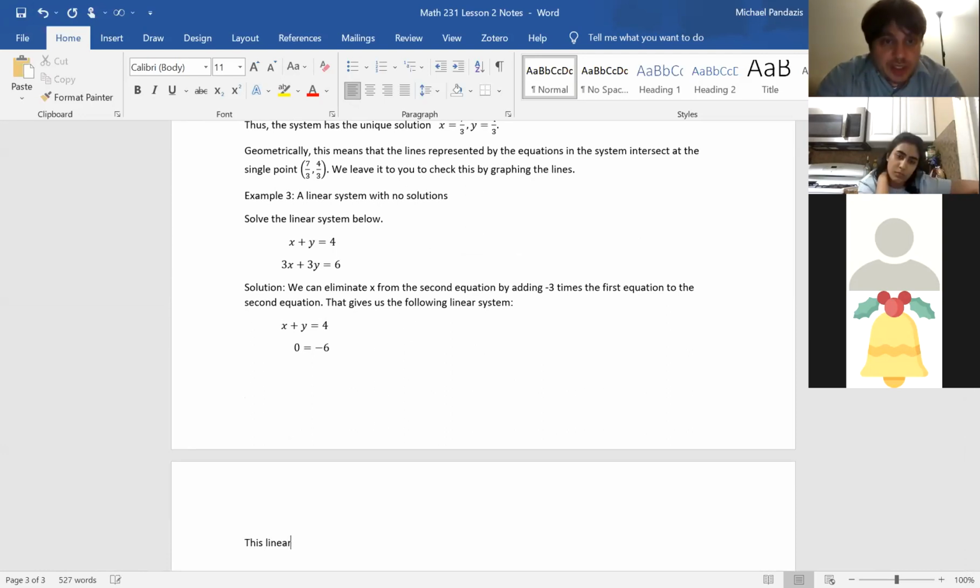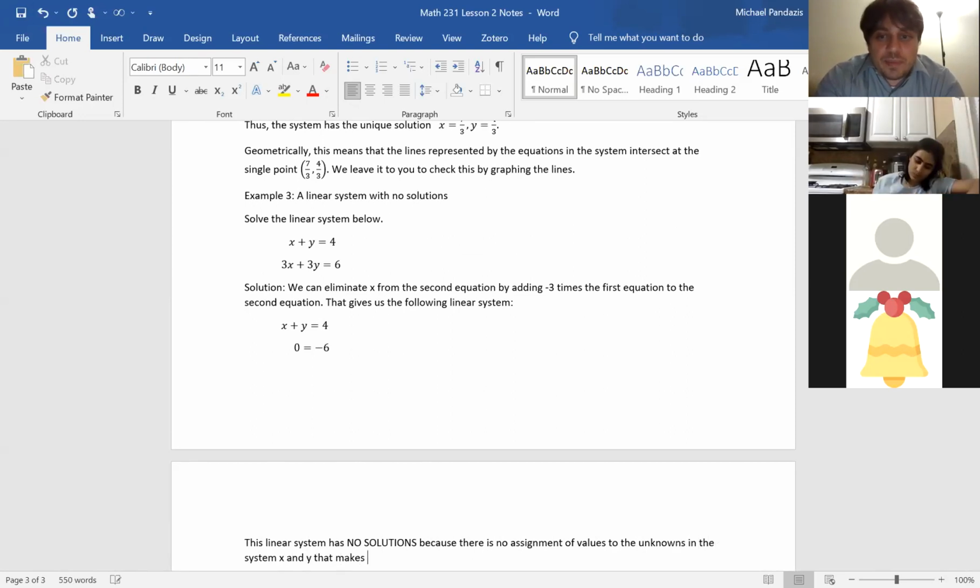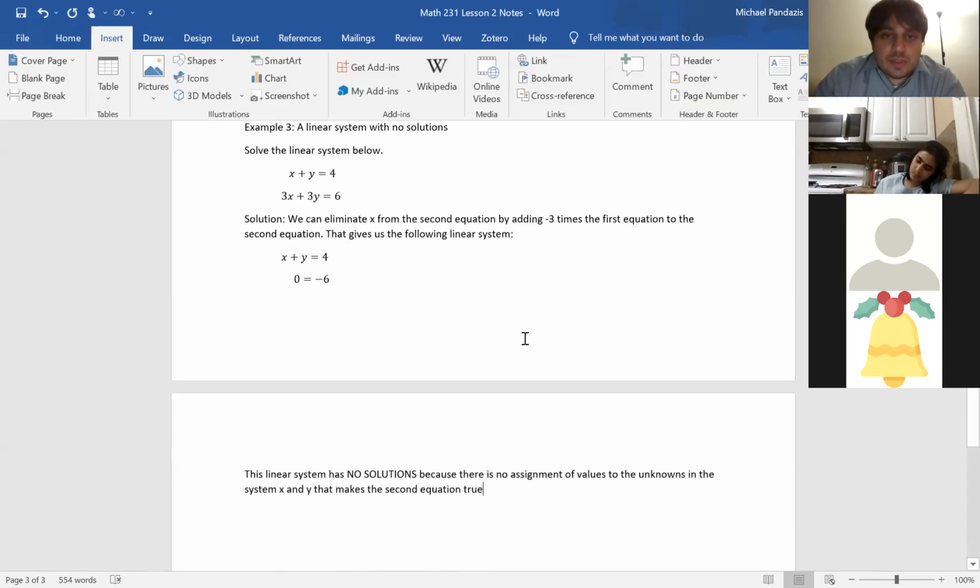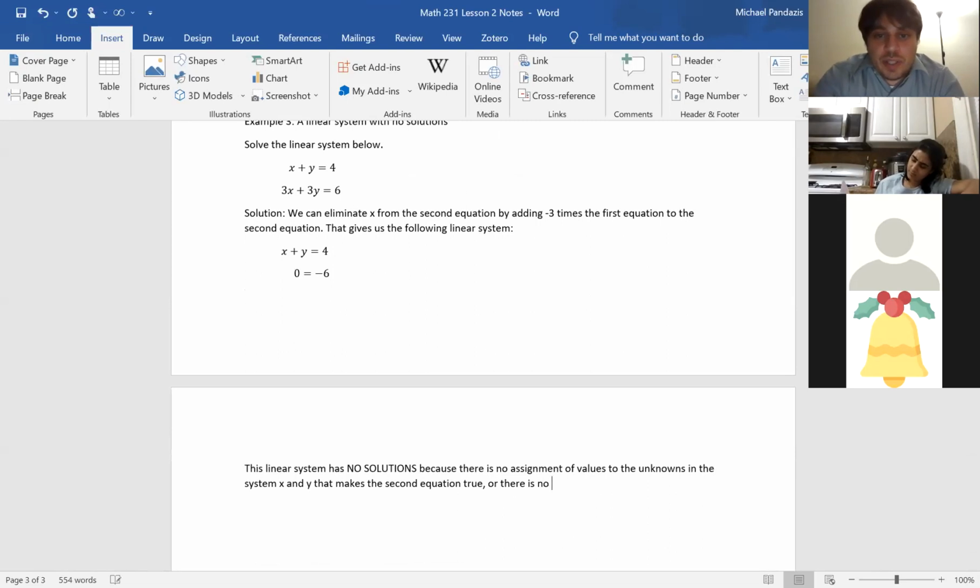So this linear system has no solutions because there is no assignment of values to the unknowns in the system, x and y, that makes the second equation true, or there is no assignment to x and y, the unknowns in the system, that makes 0 equal to -6.